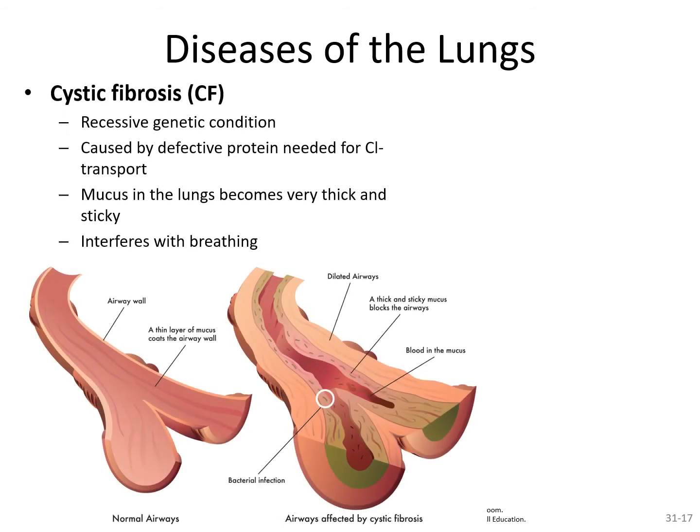Okay, so cystic fibrosis is a recessive genetic condition, and basically this is caused by a defective protein. If you take a look at the airways on the left and the airways on the right, there are going to be a couple of different things that happen.